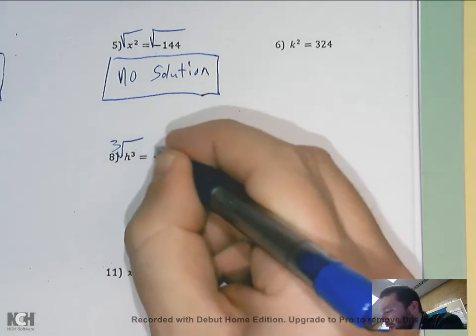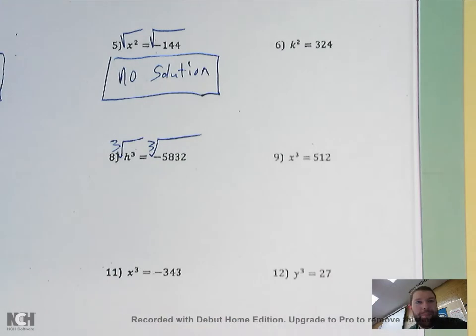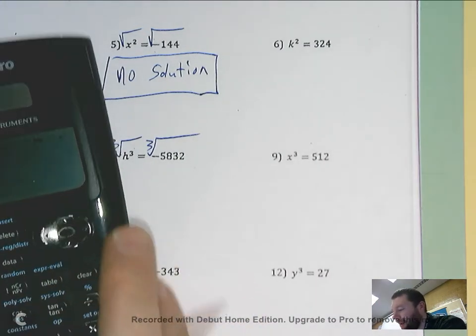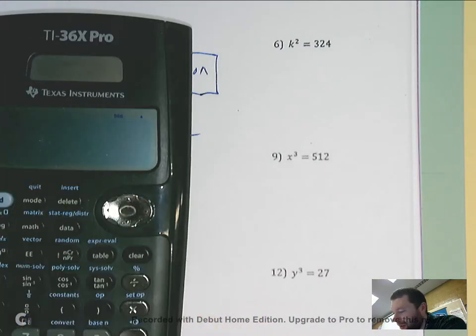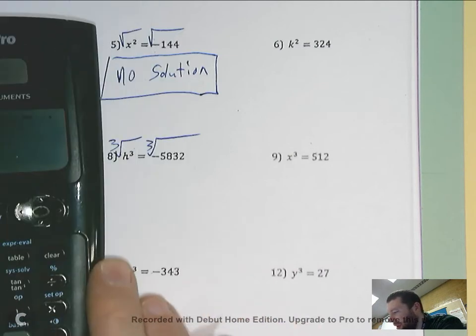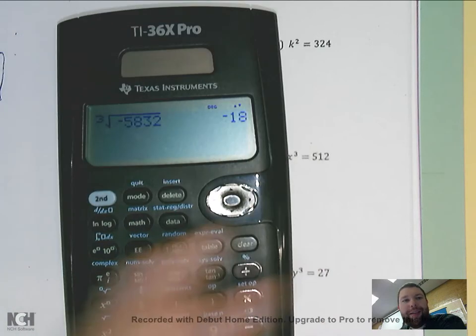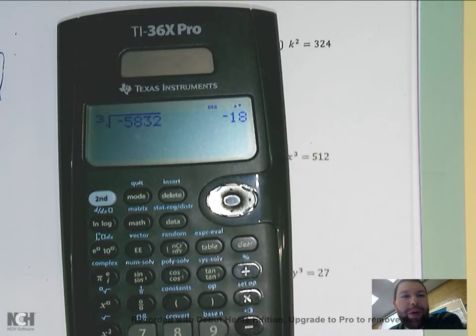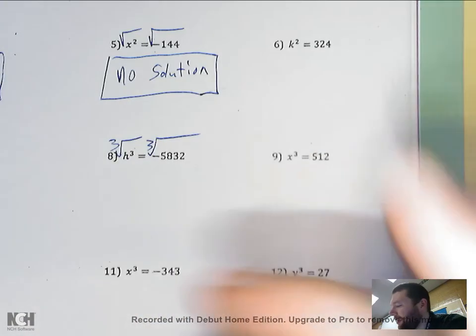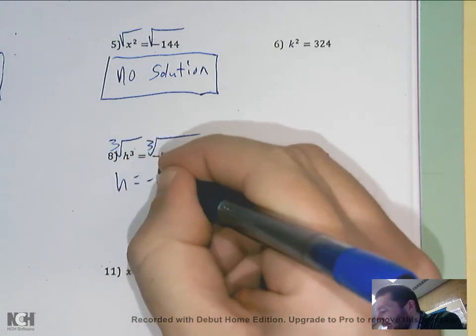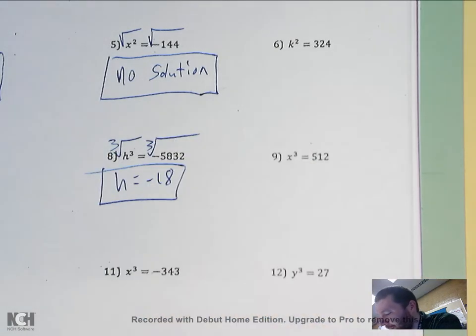If I cube root it, it's a negative number, right? Let's see what happens when I plug a negative number into my calculator. The cube root of negative 5832. It does not have a problem with it. You can have a negative cube root. So h is going to equal negative 18.